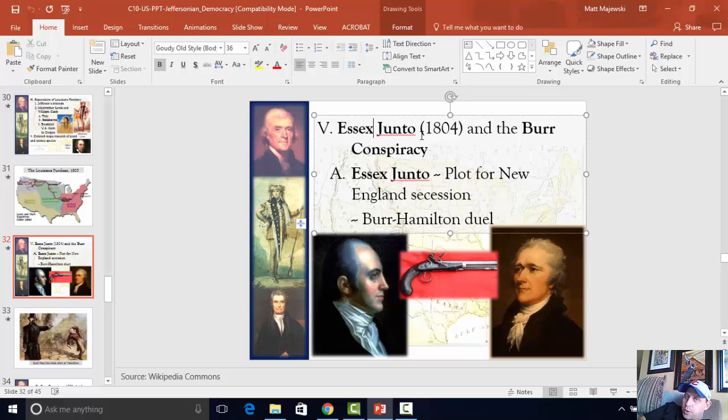He's just as much of a traitor as these guys that are actively planning to revolt against us. So the junto fell apart, the secession plan fell apart. When it became public, it never happened. Those who were planning it lost their reputations, and the government was able to prevent it from taking place.